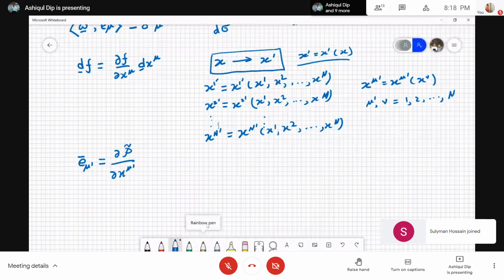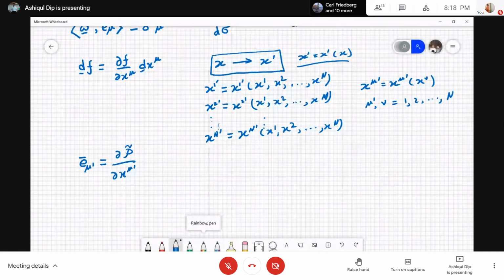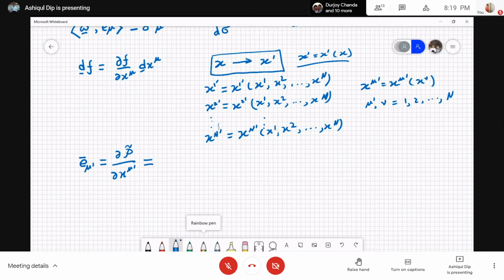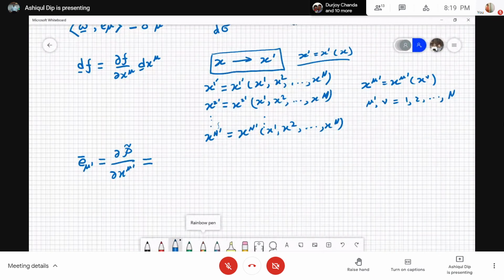Now those are coordinates, and old and new coordinates are related, so we could use multivariable chain rules. By adapting Einstein's summation, we could expand this derivative like this: take the derivative of p tilde in terms of the older coordinates x nu, and then delta x nu over delta x mu prime.